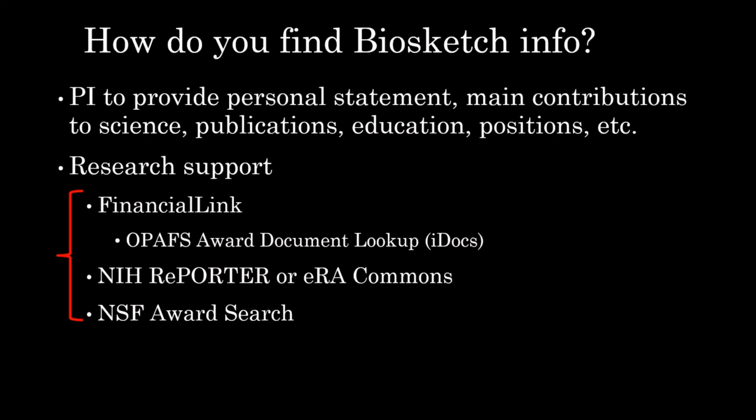We can look in Financial Link. We can go to OPAC, which has an award document lookup where we can pull relevant copies of the NOA. We can also go to NIH Reporter or eRA Commons and pull copies of notices of awards or previously submitted applications. And NSF has its own award search. So there are a couple of different places where we can find this information.